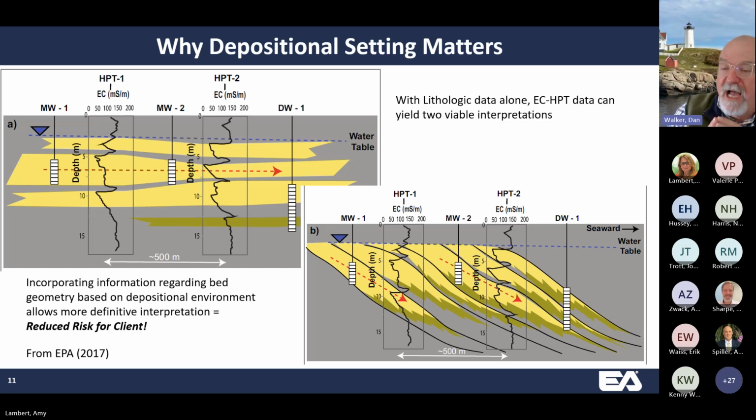As a consequence, we might get results that are inconsistent and difficult to interpret when we look at pump data or concentration gradient data or other types of data that we might be collecting. So that's why putting it in this stratigraphic context is such an important step. It reduces the risk. We're less likely to have to go out and drill additional holes. And that's really what this is about. Next, please.